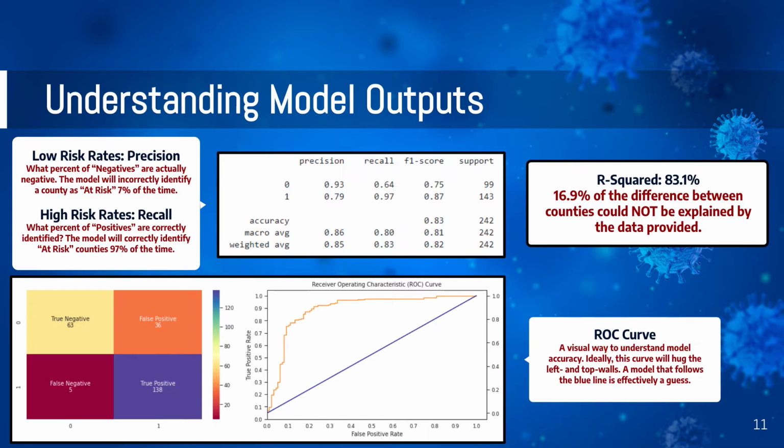That can be thought of as what percent of positives, or at risk, are correctly identified. The model will correctly identify at-risk counties 97% of the time. Finally is R squared. At 83.1%, what that tells us is 16.9% of the differences between high-risk and low-risk counties could not be explained by the data.